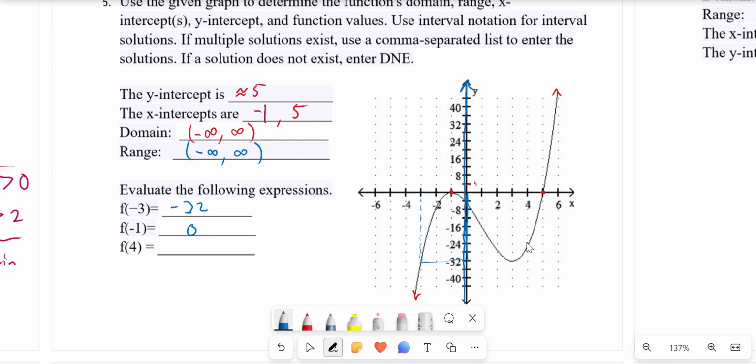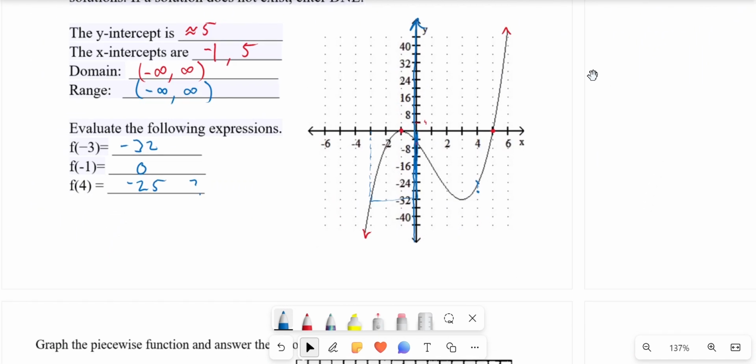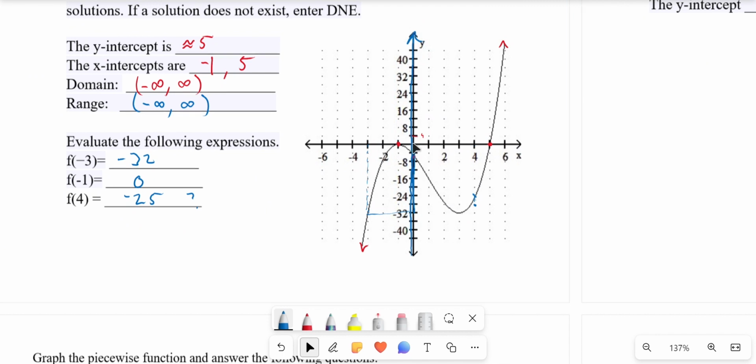It looks like it's something between these two values, so I'm going to guess that this is -25. Again, very hard to see on this graph. I don't much care for that. It's a little bit too hard to make out what the values are along the y-axis to really get good answers for the questions they're asking.